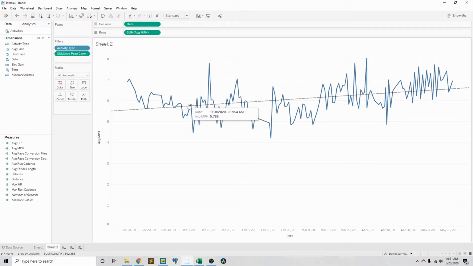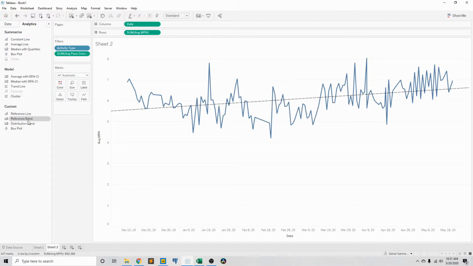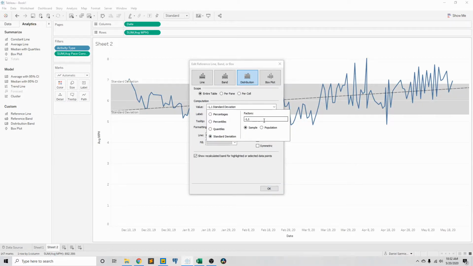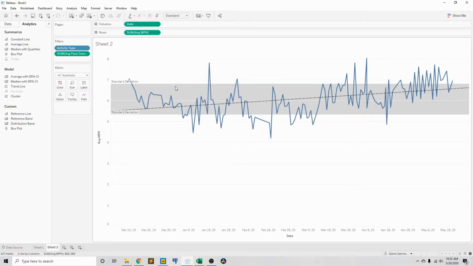The next level of analysis you can add is to look at the spread of your speed, if you want to look at the distribution of values. So I'm going to add something onto the table for the standard deviation. I want to look at the spread of the values. The average looks like it's just about 6, and 6.8 is one standard deviation above, and 5.3 is one standard deviation below.